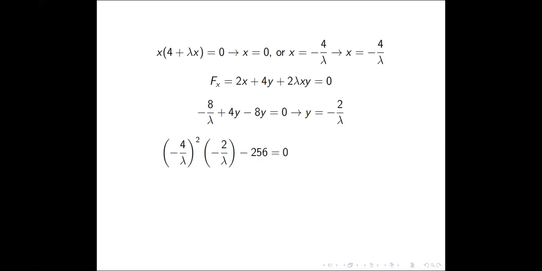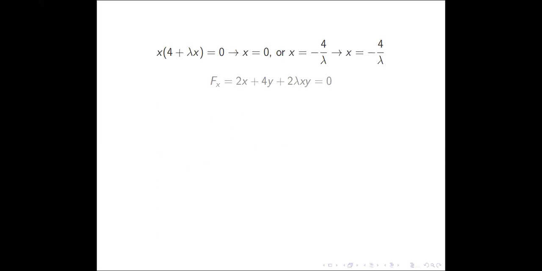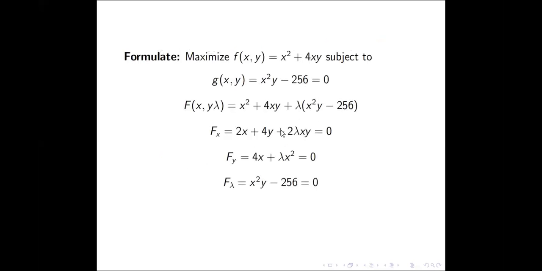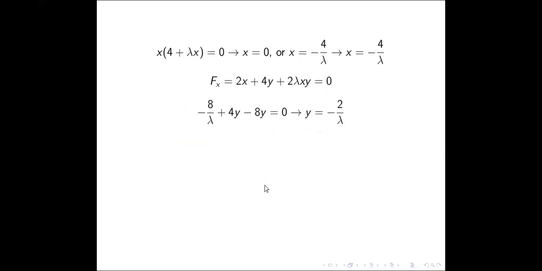Where did this come from? It came from the constraint, x squared y minus 256 equals 0. So you plug in the expression for x and then for y in terms of lambda here. So this is x squared and then y.